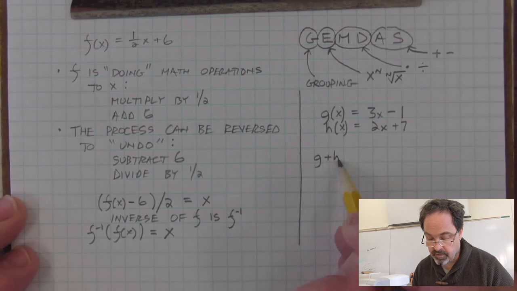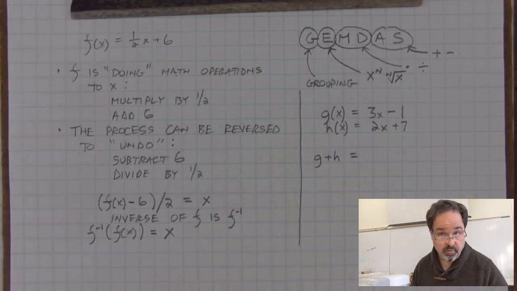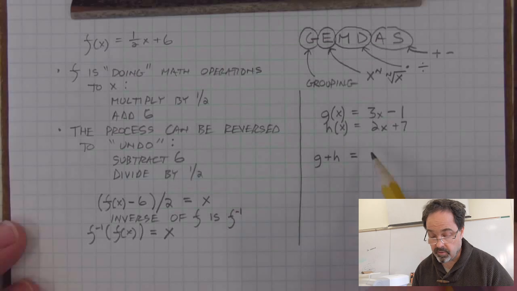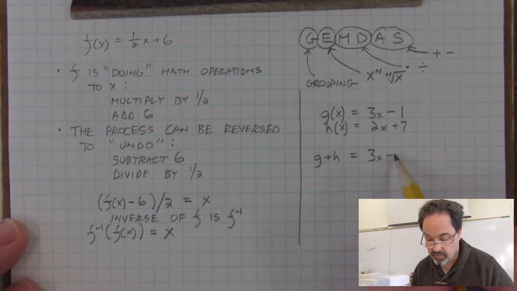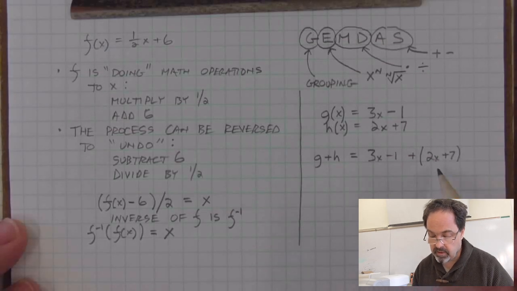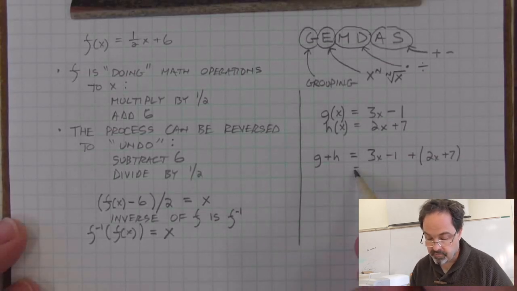The sum of g and h can be found as its own function by taking the expression for g and adding the expression for h. And if I combine like terms and simplify, I would have the expression for the function g plus h, in this case 5x plus 6.